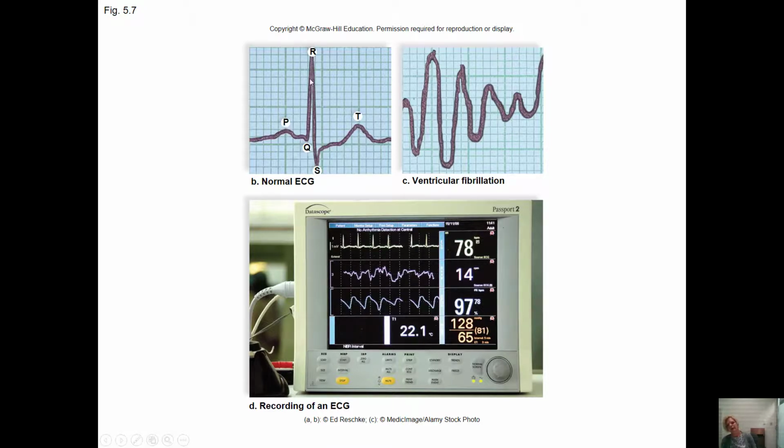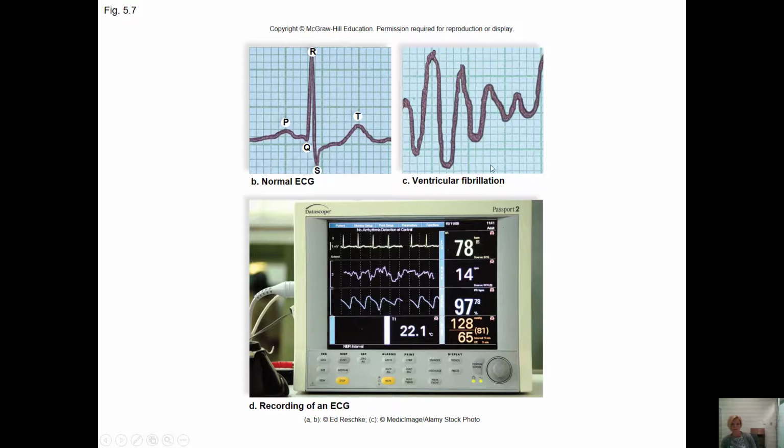So each of these electrical impulses sends a wave that can be measured on an EKG, and we can look for heart damage that way. For example, if this wave is very abnormal, this is a sign that the ventricles are just quivering. They're not fully contracting. We don't see a nice, narrow, tall QRS wave. We see a lot of short, irregular waves indicating the ventricles are not contracting appropriately.